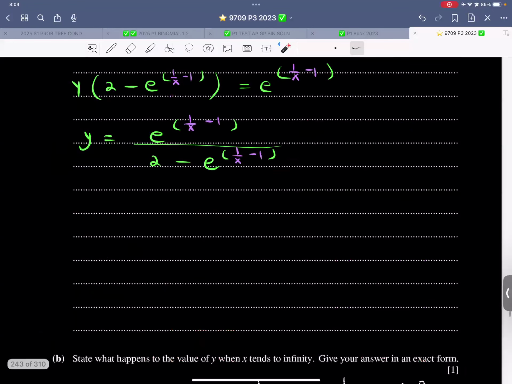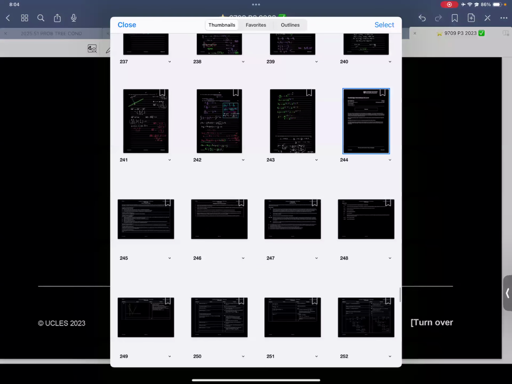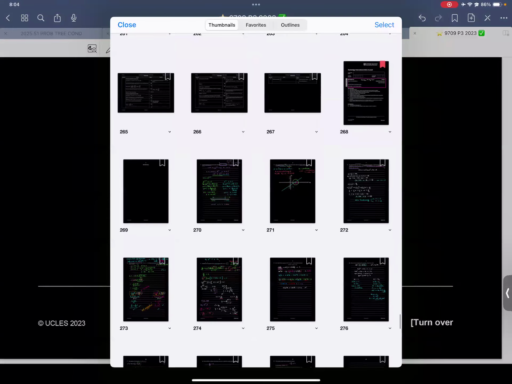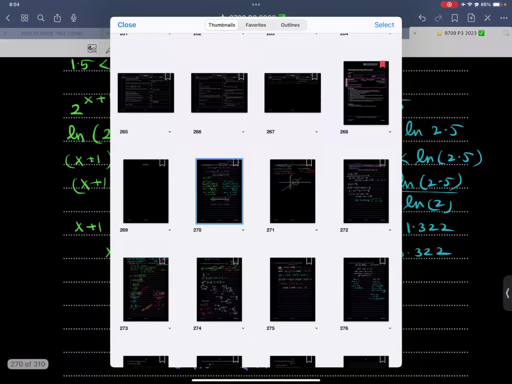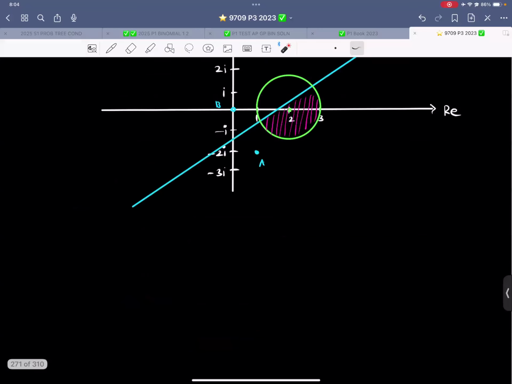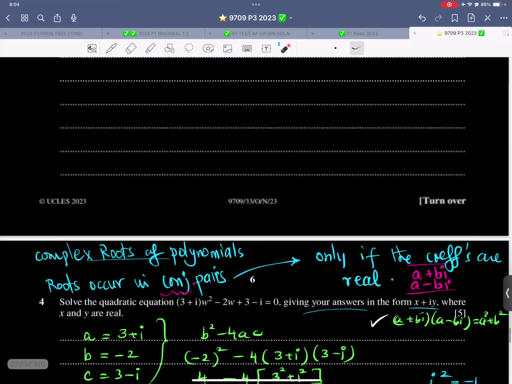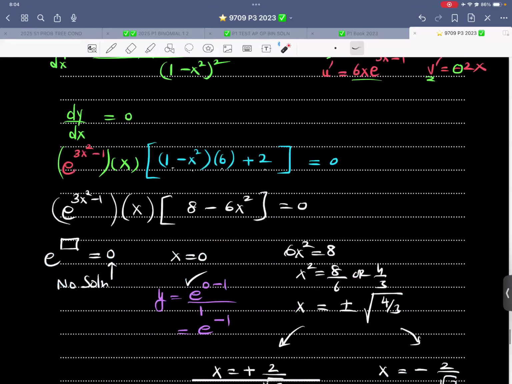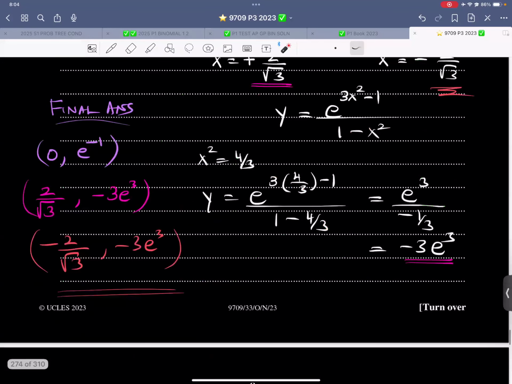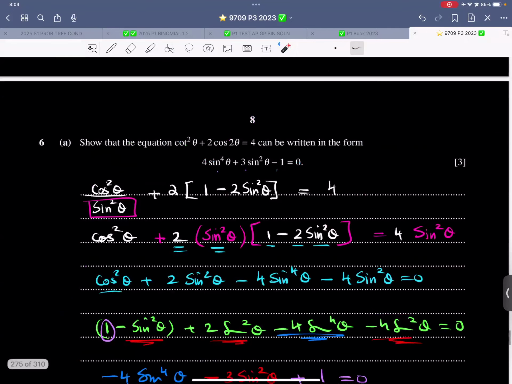Differential equation, we are not focusing on that at the moment. And let me focus on this thing. Another stationary point thing that is normal.